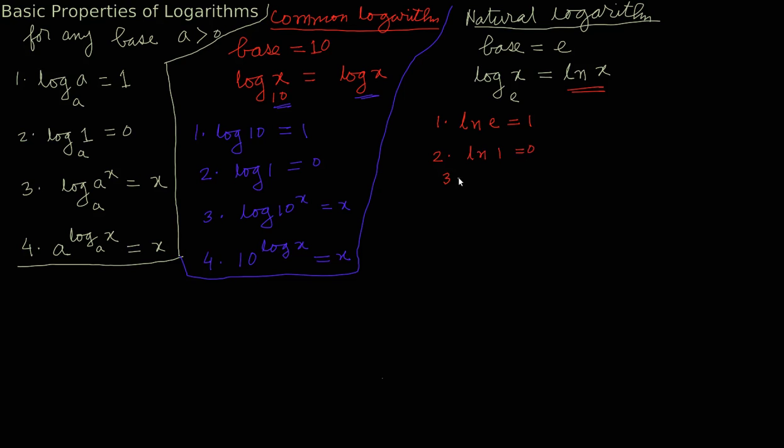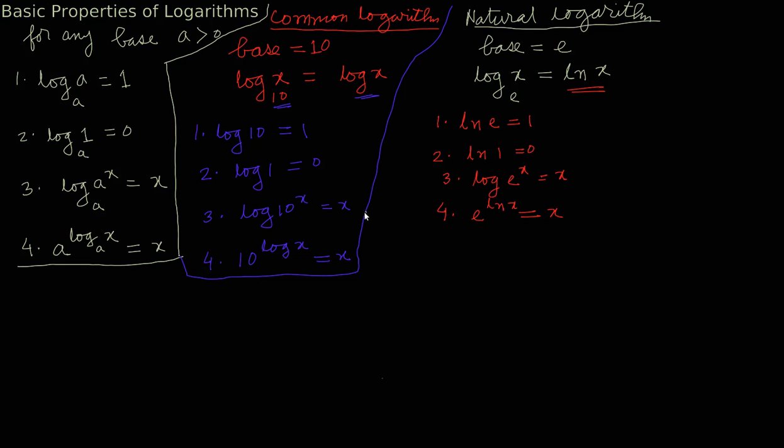Number 3, the logarithm of e power x is going to be equal to x, and number 4, e power natural logarithm x is going to be equal to x. So these are my 4 properties of the natural logarithm.